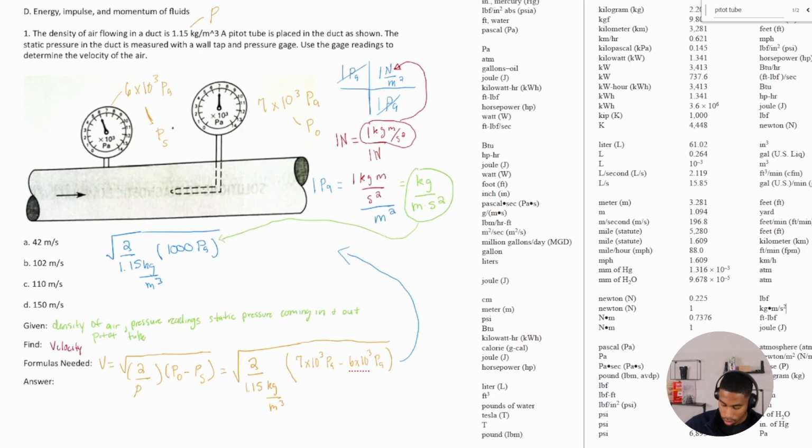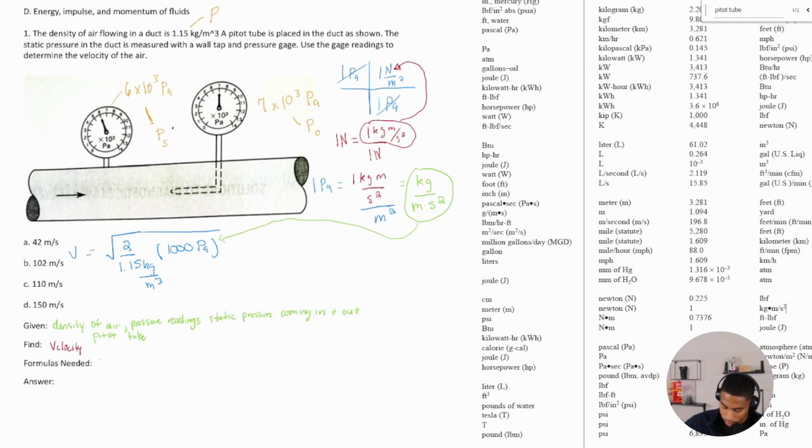All right. So let's do some erasing. Hopefully you wrote this stuff down. All right. So the last step would just be us, again, substituting the values that we need.